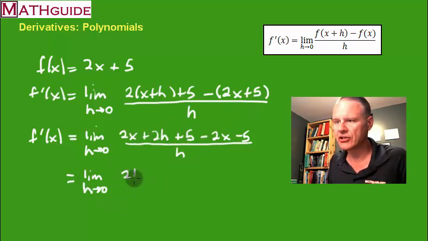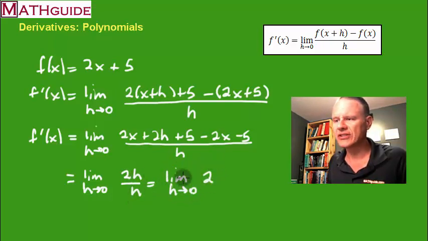So we have 2h over h. If you divide this, you're going to get 2. So what's the limit as h approaches 0? Well, h is gone. There is no h value left in this expression, so the answer is just 2.